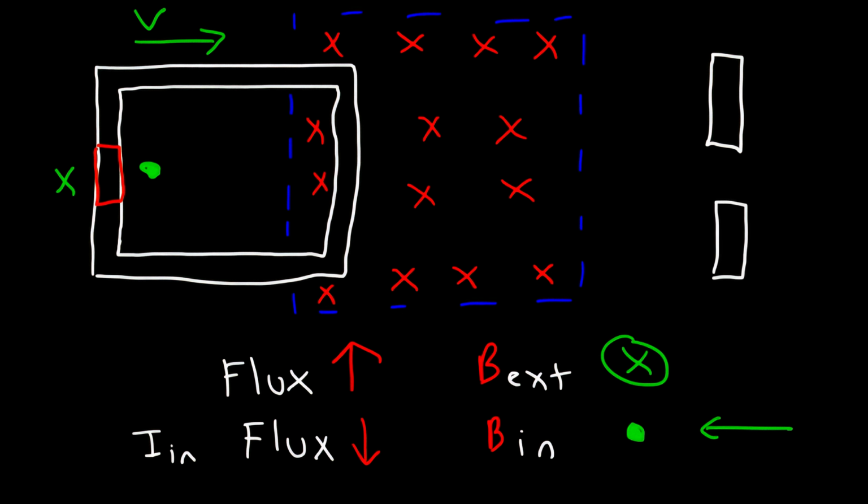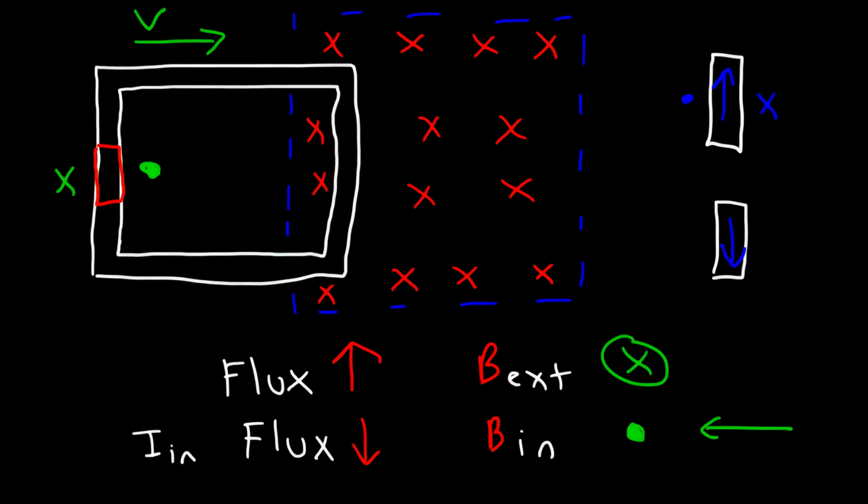Anytime you have a segment of wire when the current is going up, the induced magnetic field will be into the page on the right side, out of the page on the left.